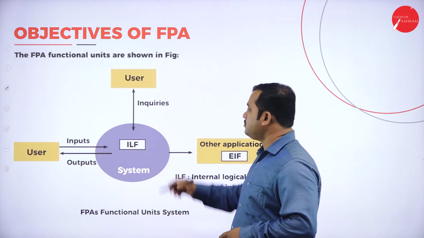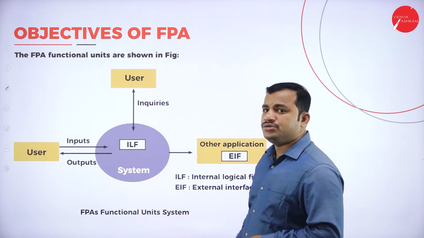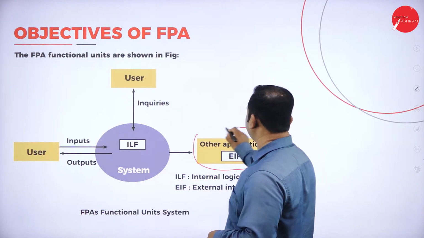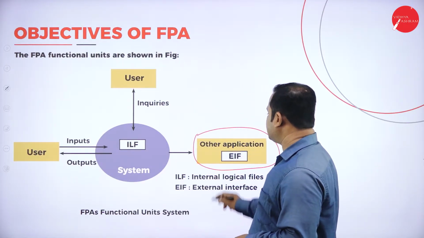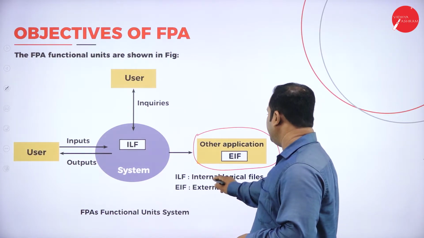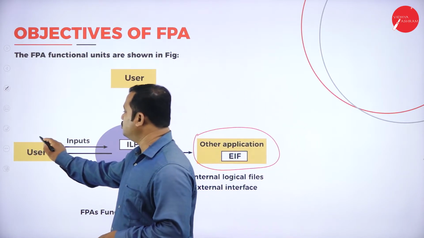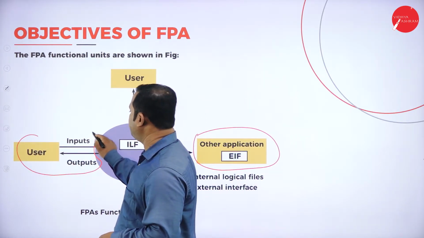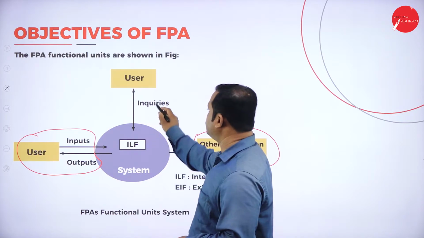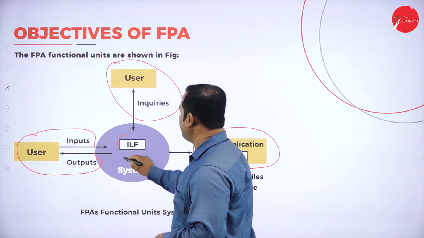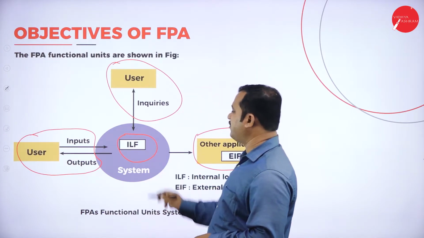Then in this case, you will see the other applications, that is EIF, also called external interfaces. We have internal logical files as well. Now we have users here, users with inputs and outputs, then users with inquiries, then the system internal files, list of internal files.